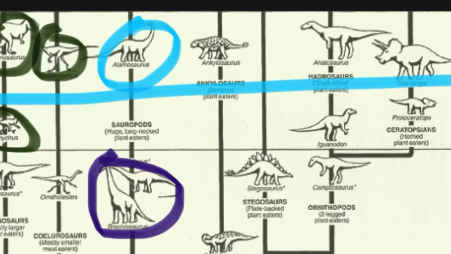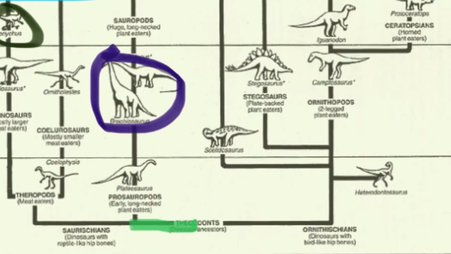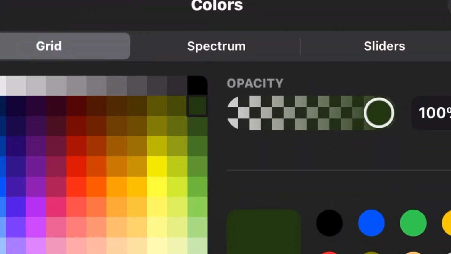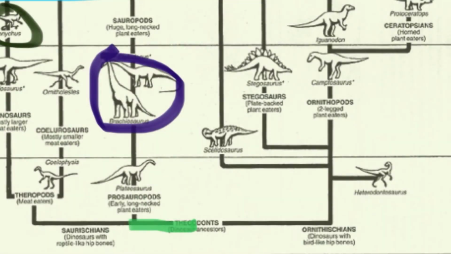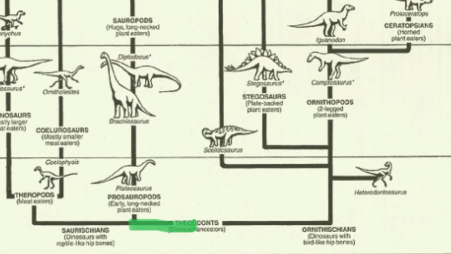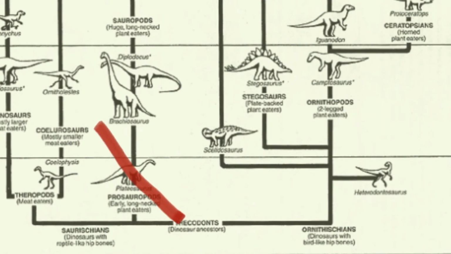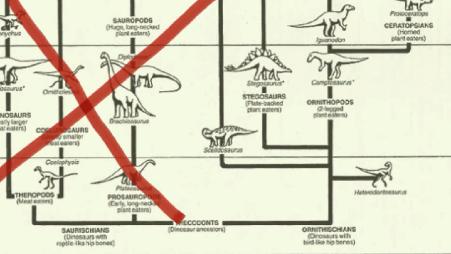So that's when the T-Rex lived, and you can kind of see how it all branches from the Euparkeria all the way to here, and then I'm not going to draw all that again. So you get the point. So case closed on the Saurischian side.